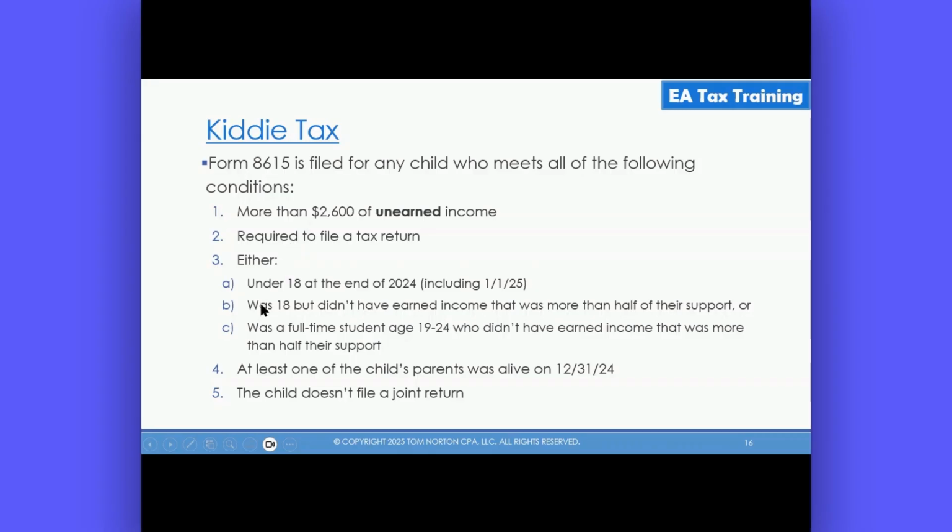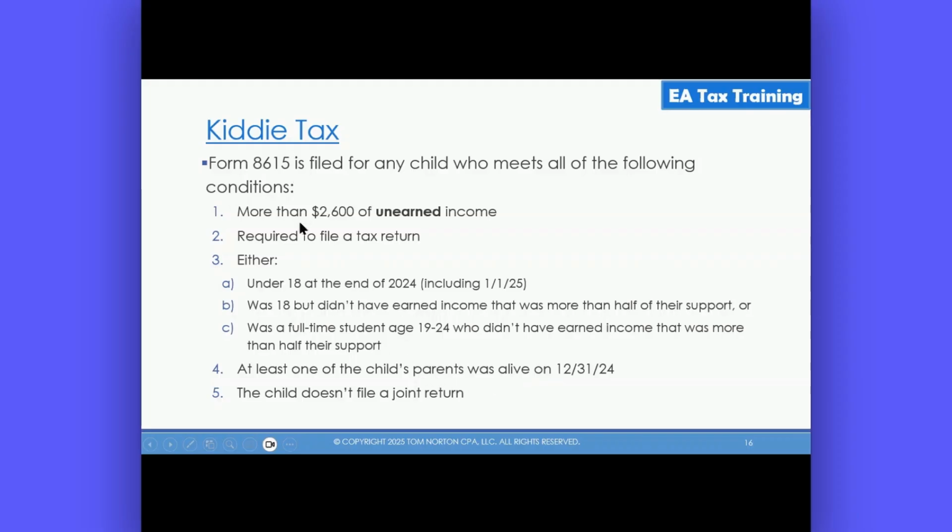Next, they need to either be under 18 at the end of the year, or 18 but not have earned income that was more than half their support, or be a full-time student aged 19 to 24 who didn't have earned income that was more than half their support. Next, at least one of that child's parents needs to be alive at the end of the year.